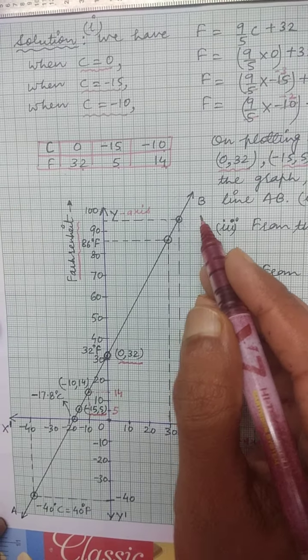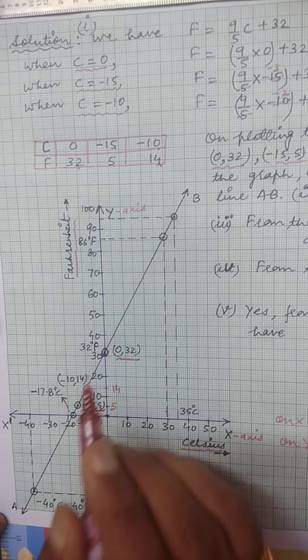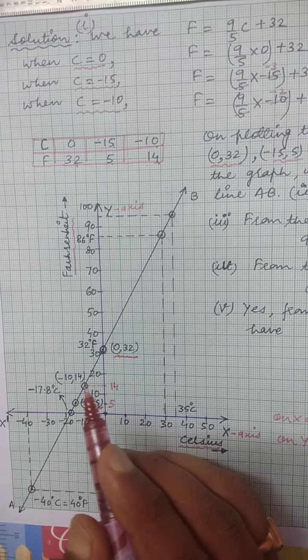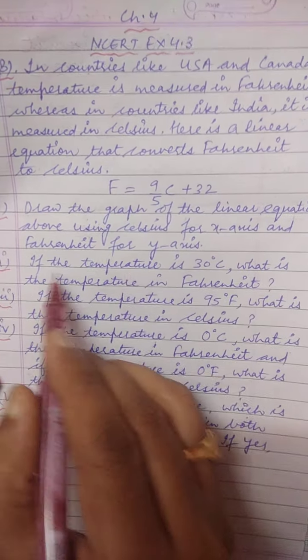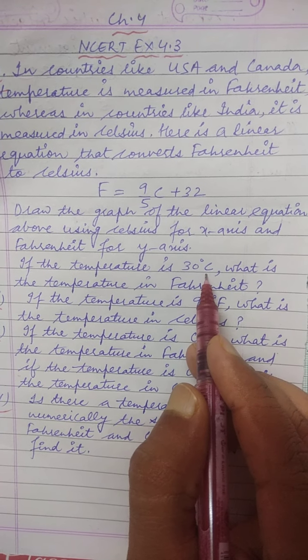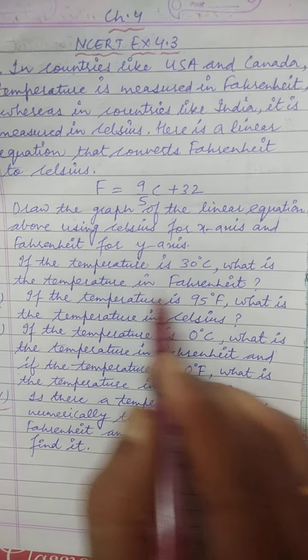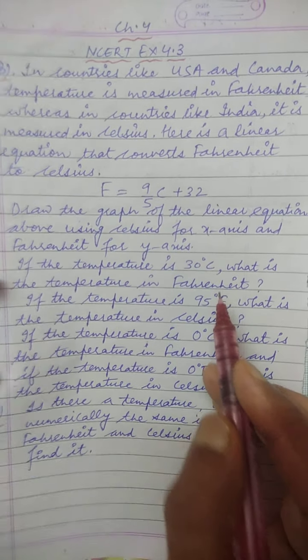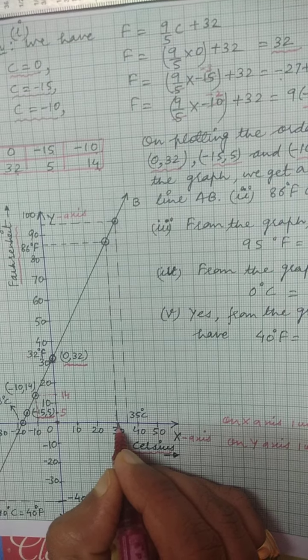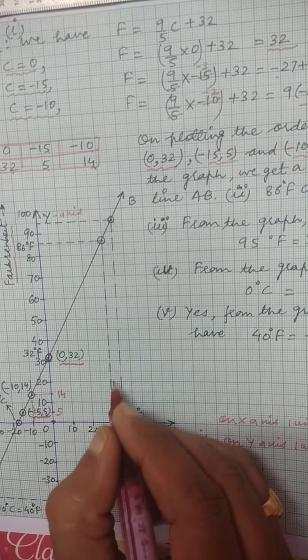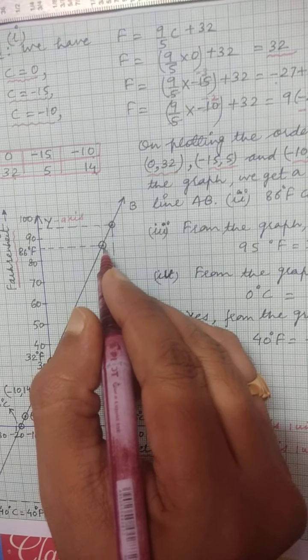Now see, from the graph what we can find out. The second question says, you can see the second part, if the temperature is 30 degrees Celsius, then what is the temperature in Fahrenheit? So what we do, we will go to 30 degrees Celsius here, and we will draw a dotted line straight.